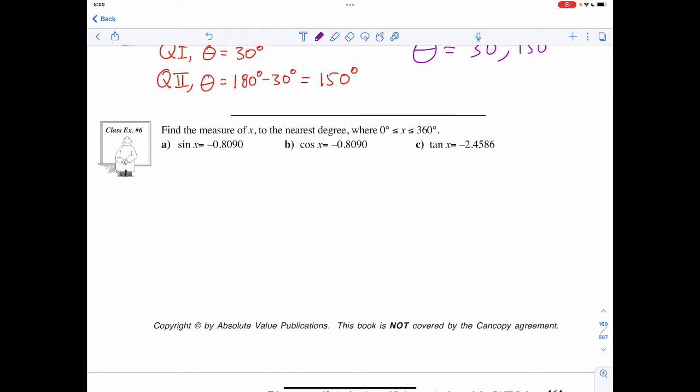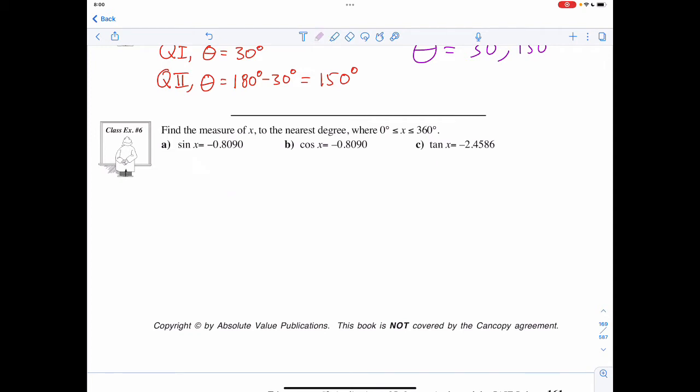When I'm going to do it for sine of x is equal to negative 0.8090, the first thing I'm going to solve is my reference angle.